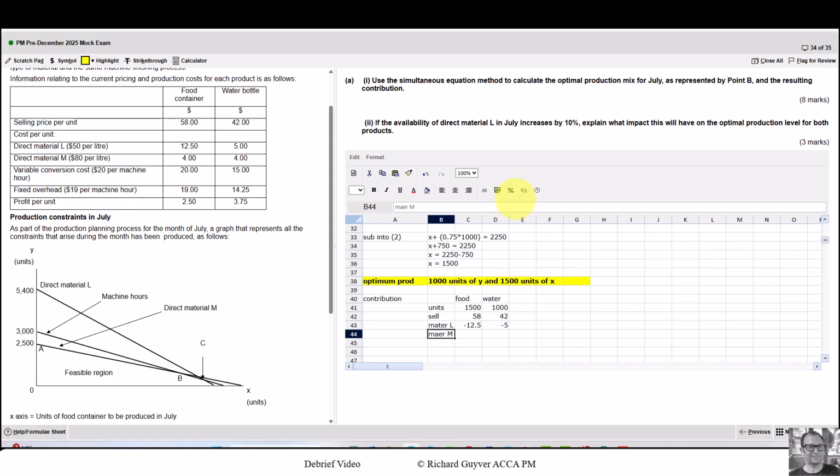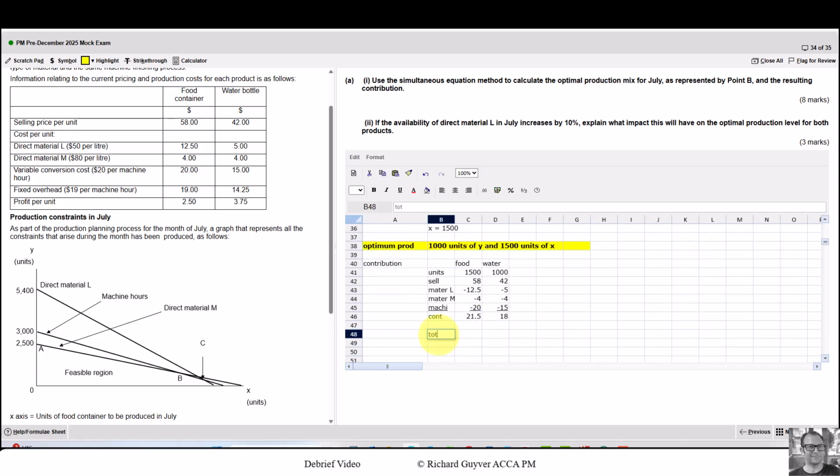For material M, that costs 4 and also 4. Machine, that's costing 20 and that's costing 15. Fixed overheads we don't include because that's what the contribution goes to. So the contribution is the sum of just those 4.